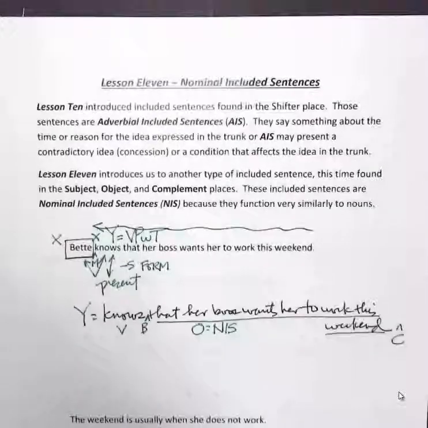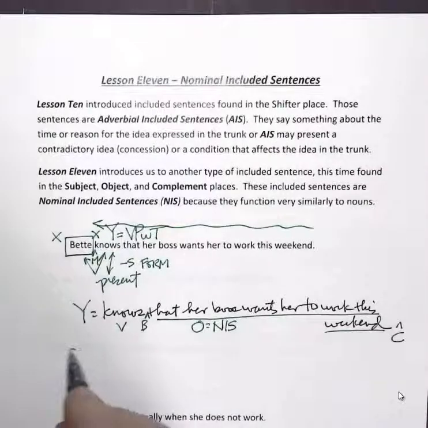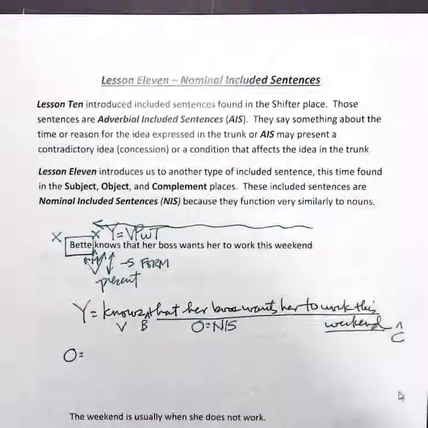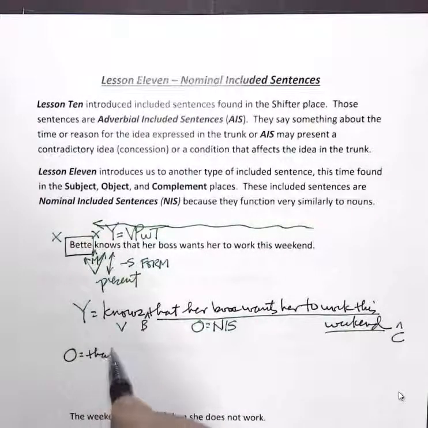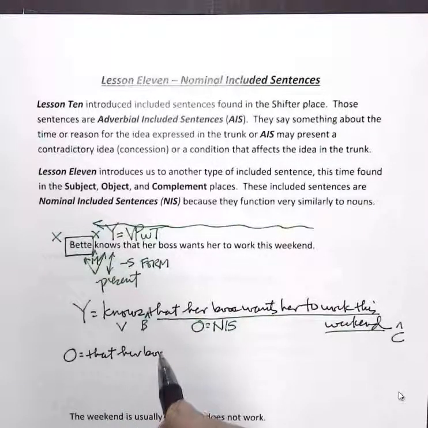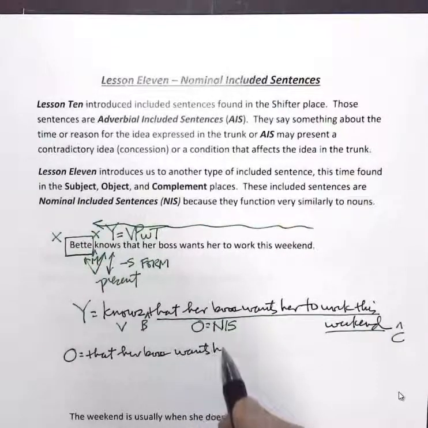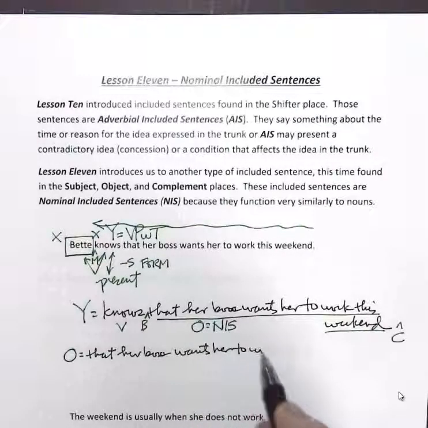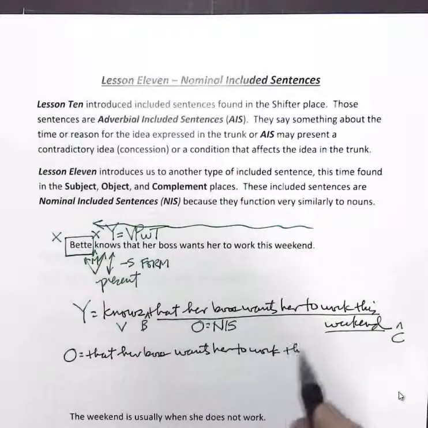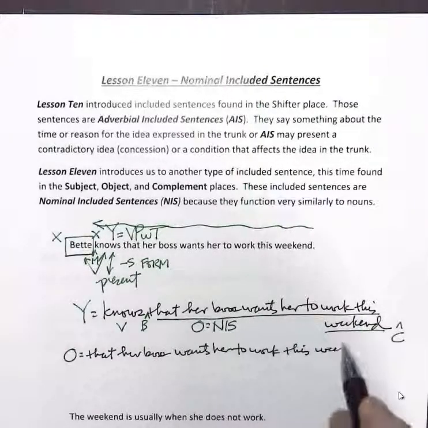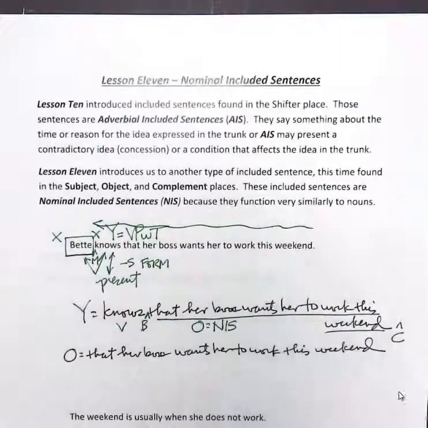Now, we already know that we're able to analyze sentences, and we're able to analyze included sentences. That her boss wants her to work this weekend. And we know how to do that from the previous lessons.